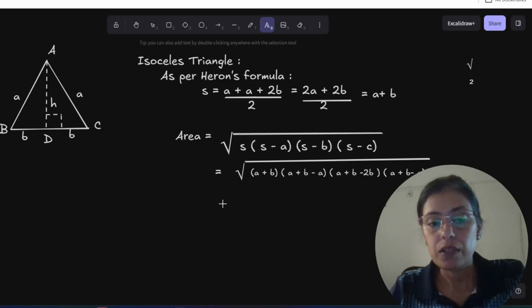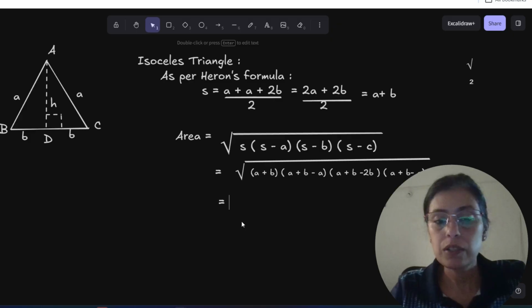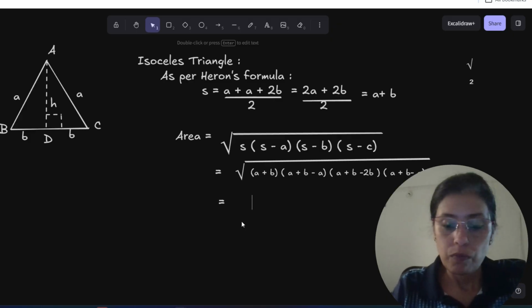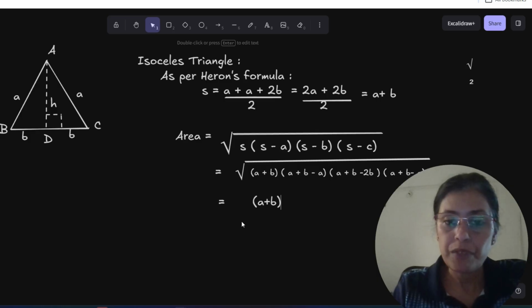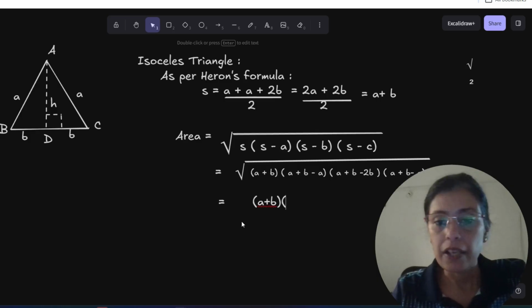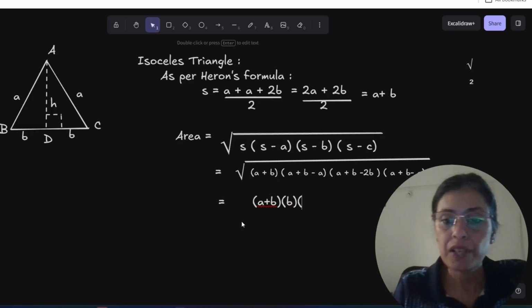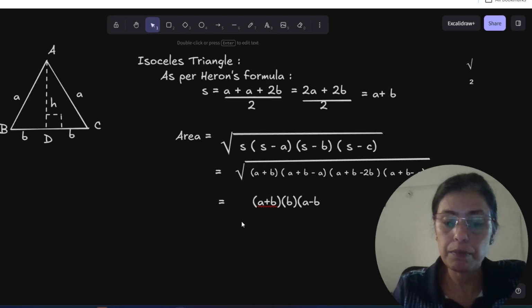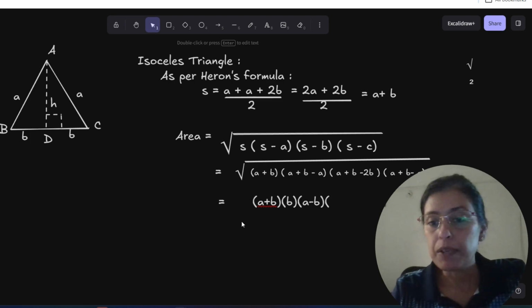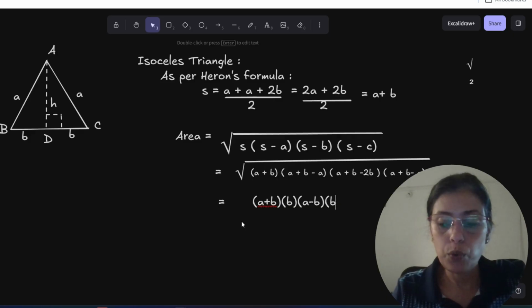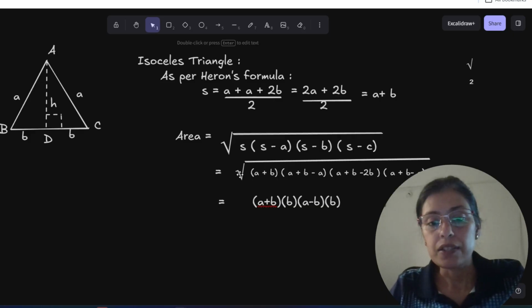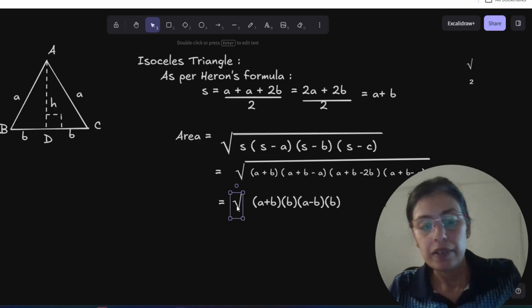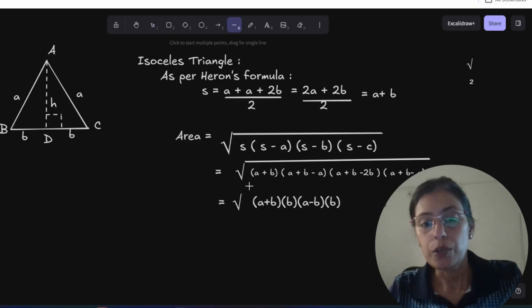Okay. So if we simplify it, what do we get? You can see this is A plus B, it's already simplified. Then A plus B minus A will be equal to B. The next one, A plus B minus 2B will be A minus B. And then A plus B minus A will again be equal to B. And this is all inside a under root.